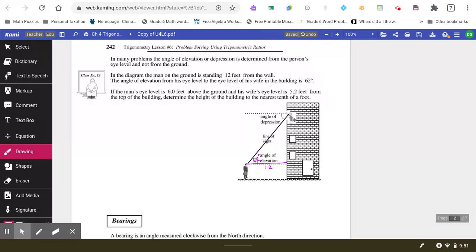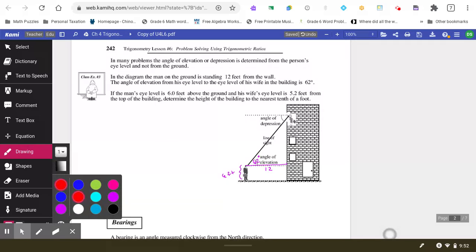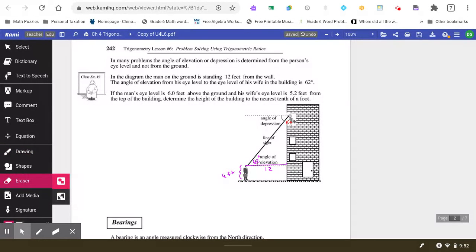If the man's eye level is 6 feet from the ground, so this part here is 6 feet above the ground, his wife's eye level is 5.2 feet from the top of the building. Oh my word, there's so many details. Okay, his wife's eye level is 5.2 from the top of the building.